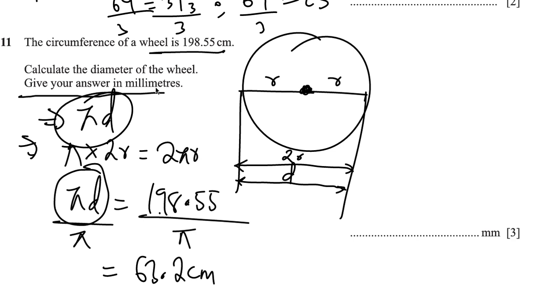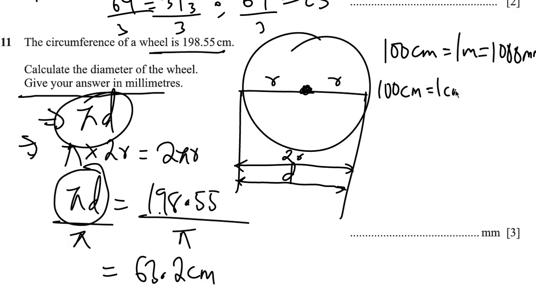Listen carefully: 100 cm is equal to 1 meter, and remember that 1 meter is equal to 1,000 millimeters.